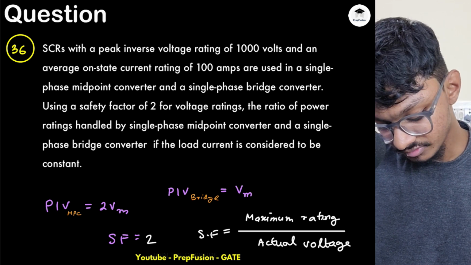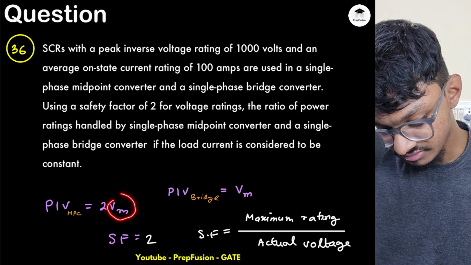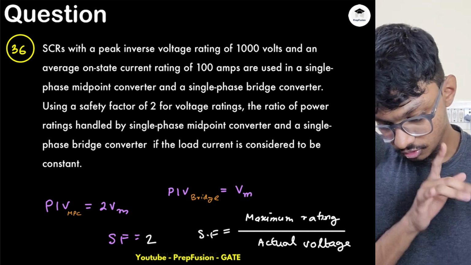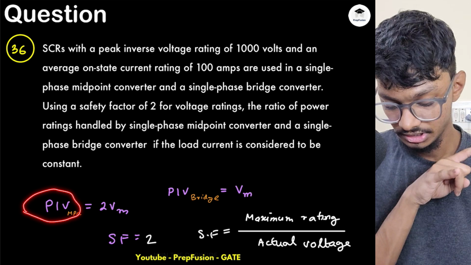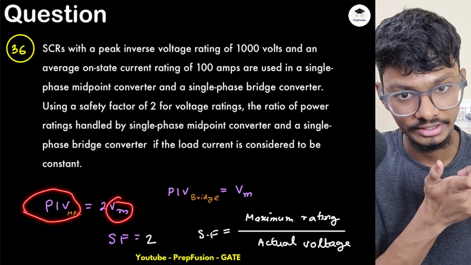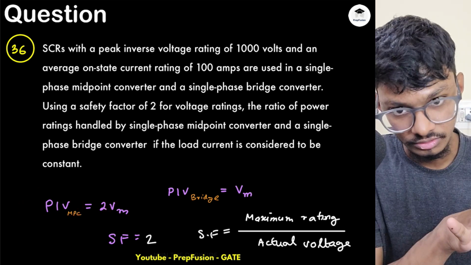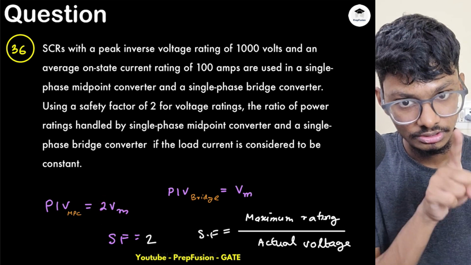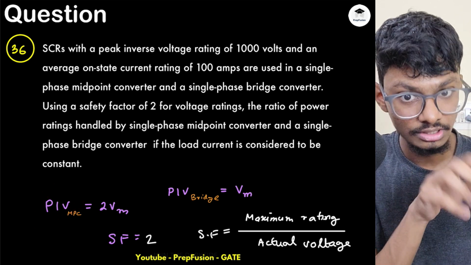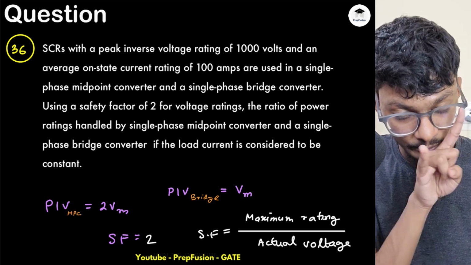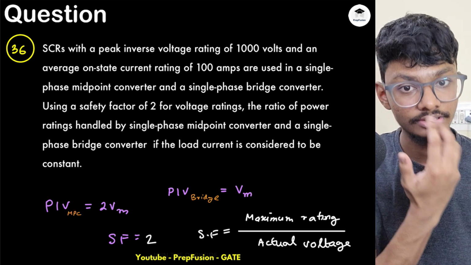So how much maximum voltage can I give here? Let's take an assumption: each SCR has a peak inverse rating of 1000 volts. If I provide 500 volts, if the peak voltage of the sinusoid Vm is 500 volts, then the peak inverse voltage across a single SCR in the midpoint converter will be 1000 volts.